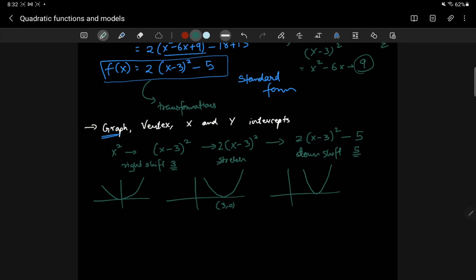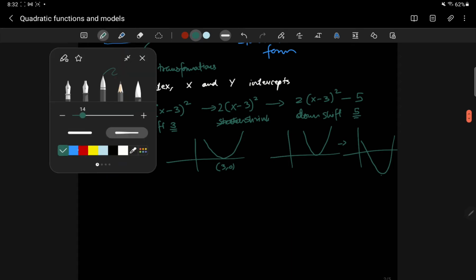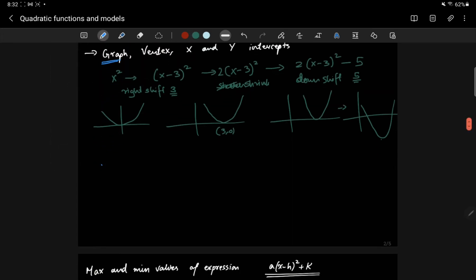So this should be a shrink, and then you're moving it 5 units down, so somewhere here. After you make the rough sketch, this point, because you took 3 comma 0 and moved it 5 down, is the vertex. The vertex is at 3, negative 5, and that's what your graph looks like.